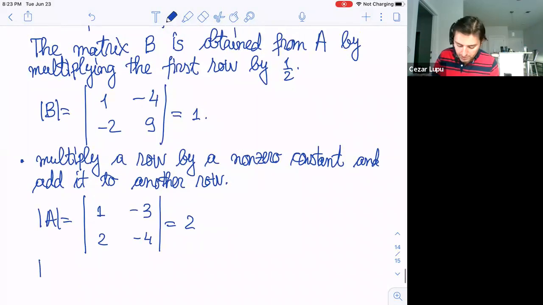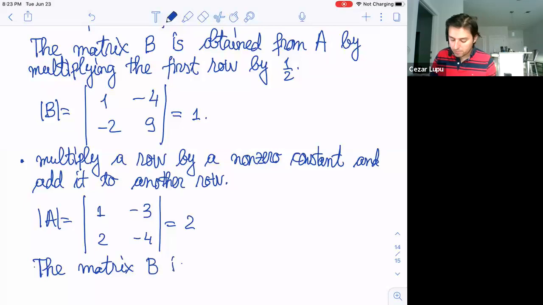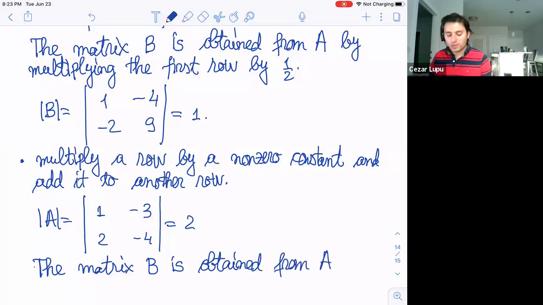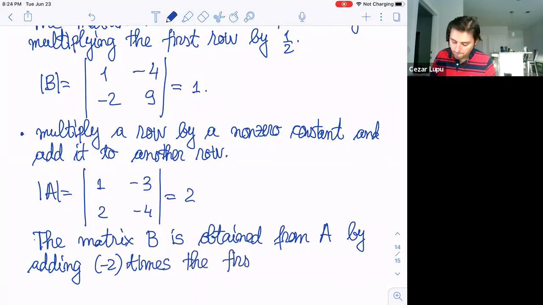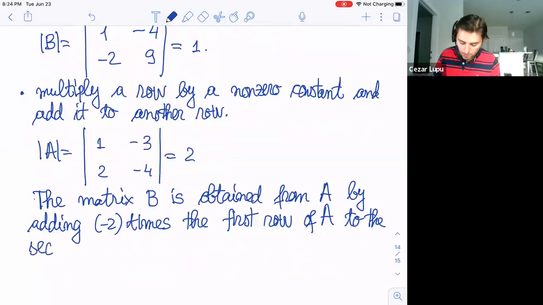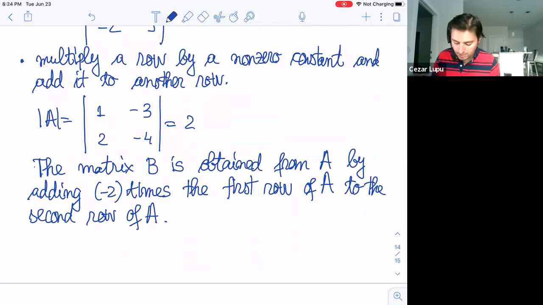Okay. And now what I'm going to do is the following. The matrix B is obtained from the matrix A by adding -2 times the first row of A to the second row of A. So that's my matrix B, so let's do it.